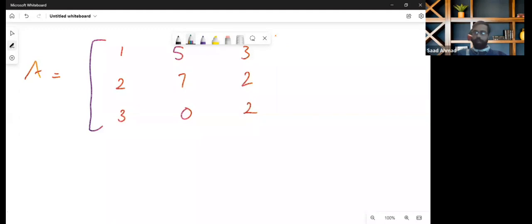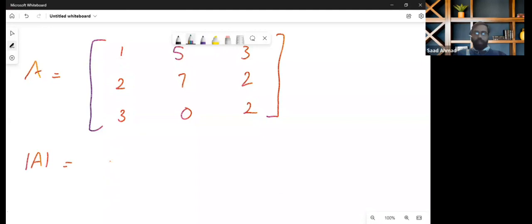All right, like that. Let's say we want to find its determinant. So what we need to do is start from the first entry, and complete all the columns we have. So first of all, let's start from here.